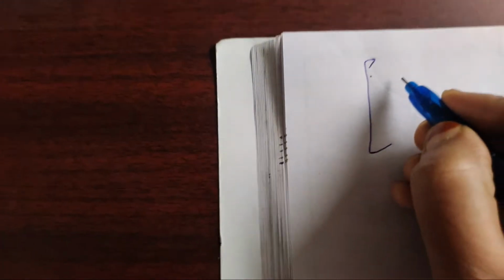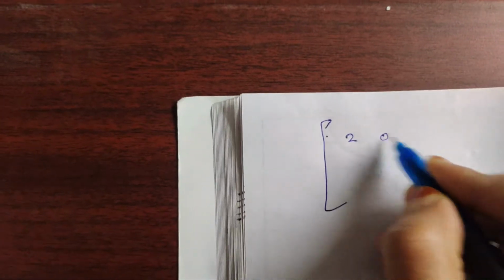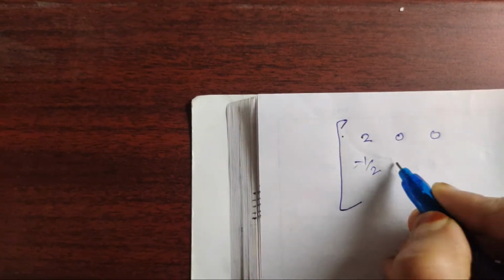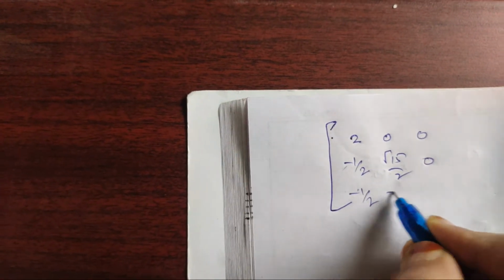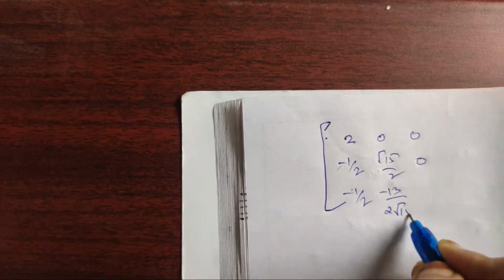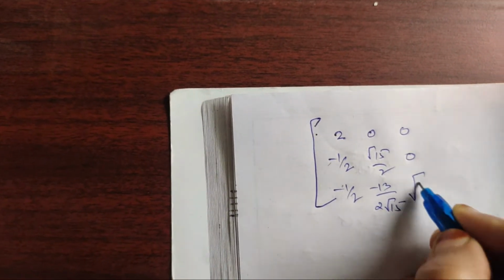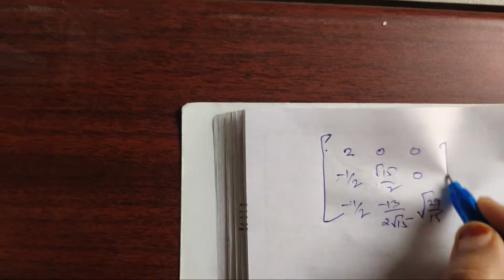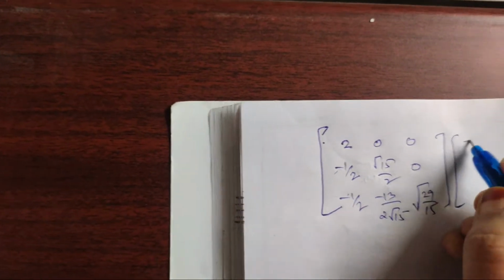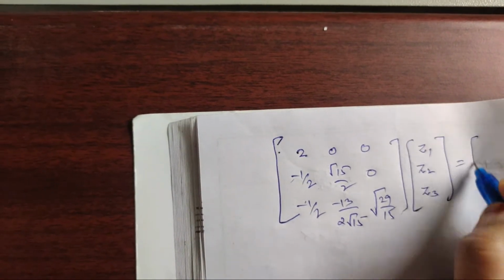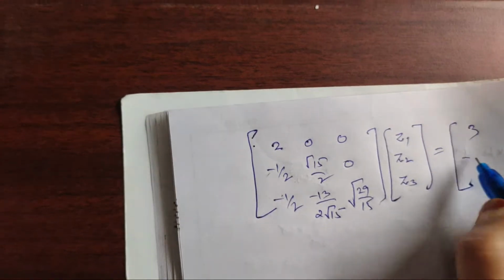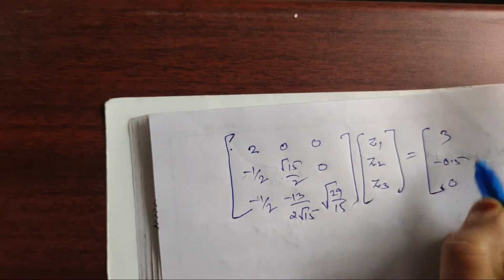When we frame it, we get first 2 0 0, minus half root 15 by 2 0, then minus half, minus 13 by 2 root 15, then root 29 by 15, then your Z1 Z2 Z3, which is equal to 3, minus 0.5, then 0.